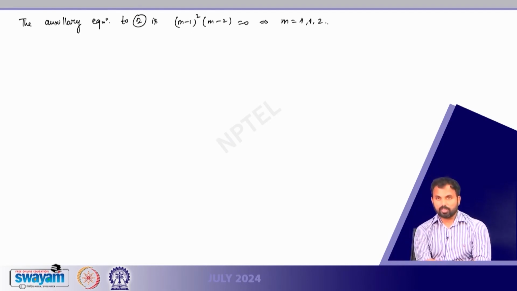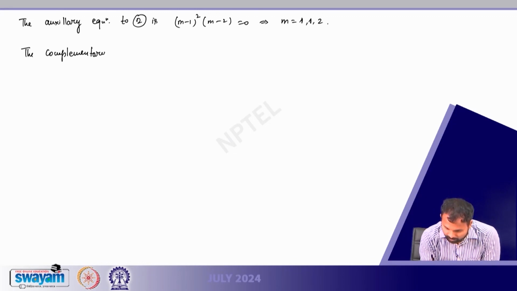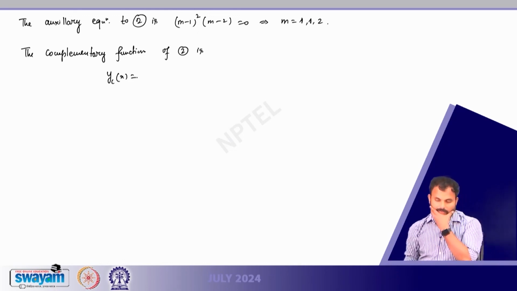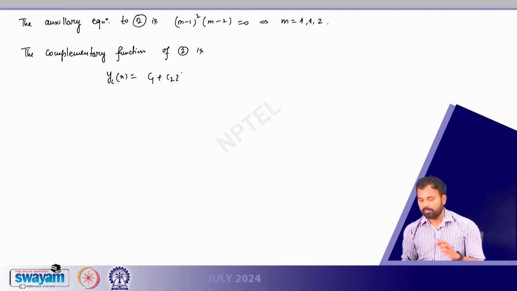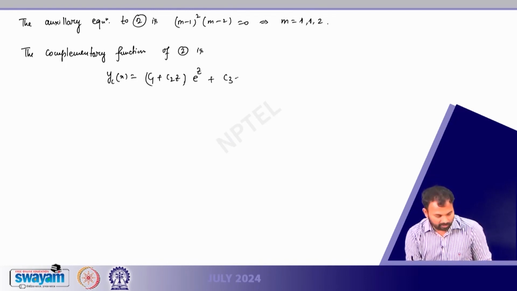Now the complementary function of 2 is y c equals, since one root is repeated twice, c1 plus c2 z into e to the power z, plus c3 e to the power 2z.